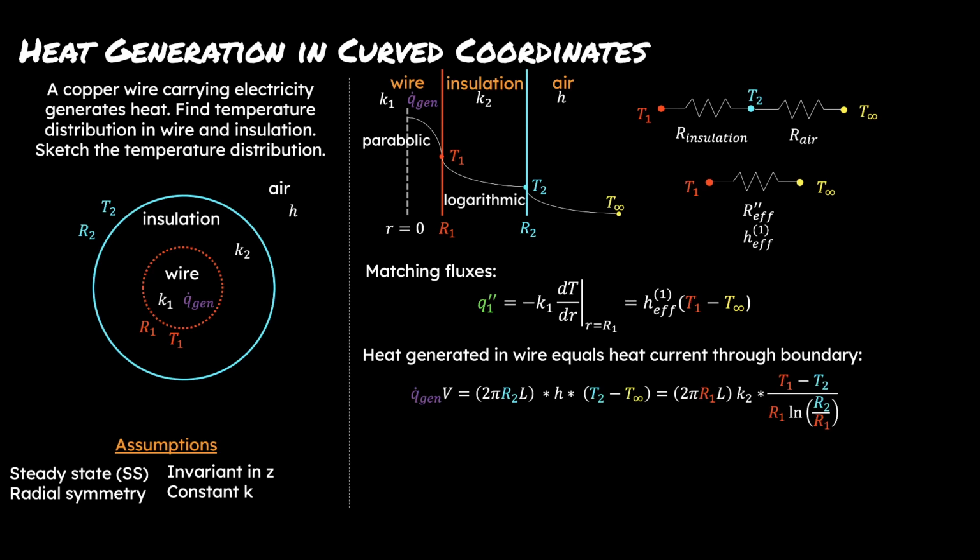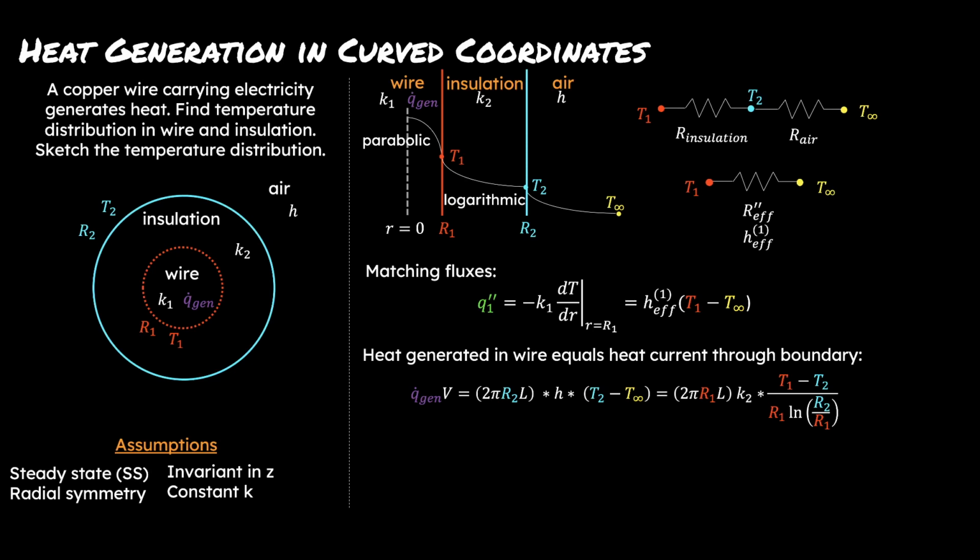The heat that is generated in the wire must equal the heat current that passes through the boundary at both R equals 1 and R equals 2. The first term of this three-part equality is Q dot gen times V. This is saying that if we take the rate of heat generation, which is normalized per unit volume and per time, and if we multiply that by the volume of the wire, assuming that we know the length L of the wire, we can then determine how much heat is being generated per unit time.